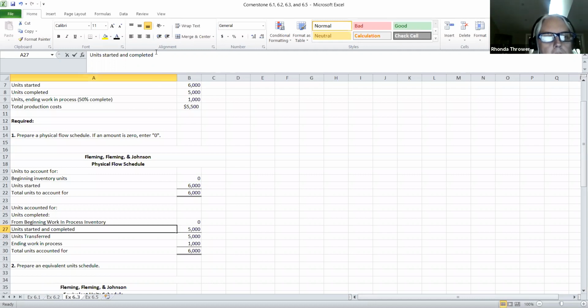The units started and completed is determined by subtracting the beginning inventory units from the transferred units.